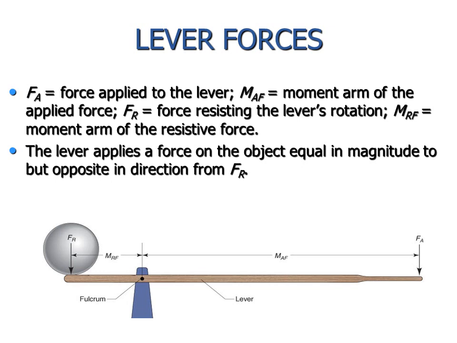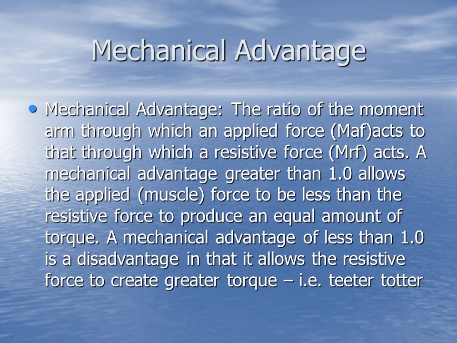So in order for the teeter-totter to be in balance, the lever applies a force on the object equal in magnitude but in opposite direction to the resistive force. And that's exactly what we're going to see when we perform our manual muscle testing. Now, the ratio of the moment arm through which the applied force acts compared to the moment arm through which the resistive force acts is defined as the mechanical advantage.